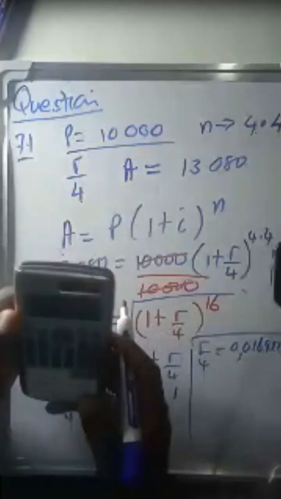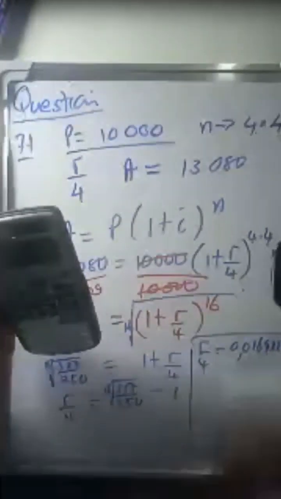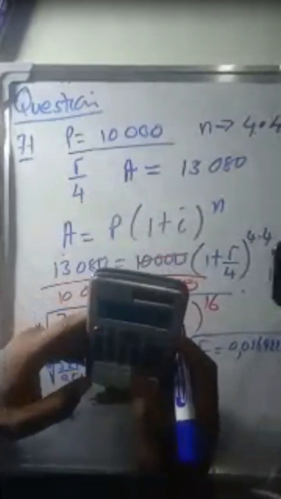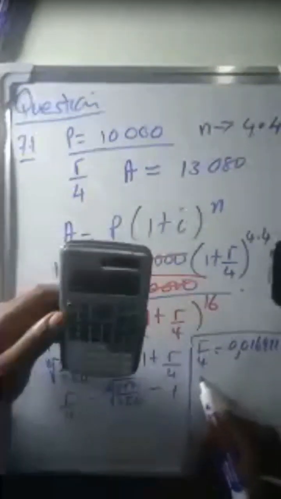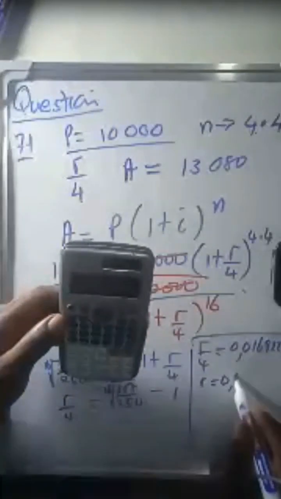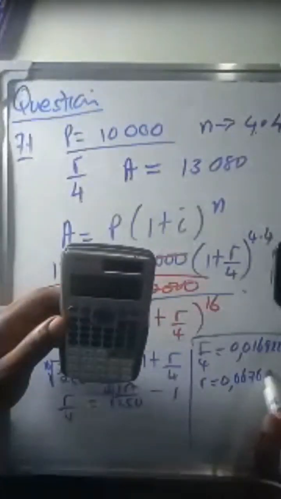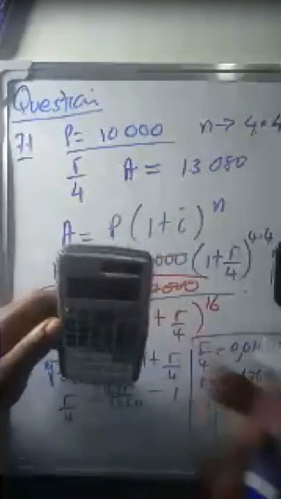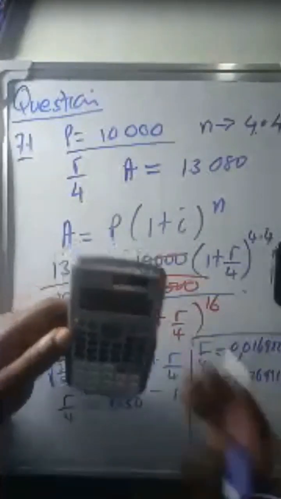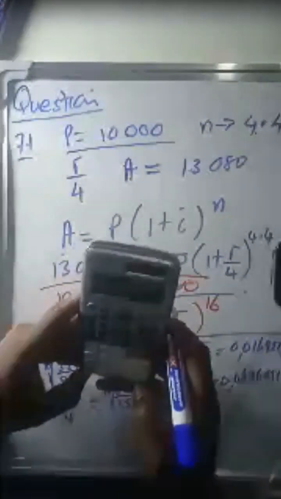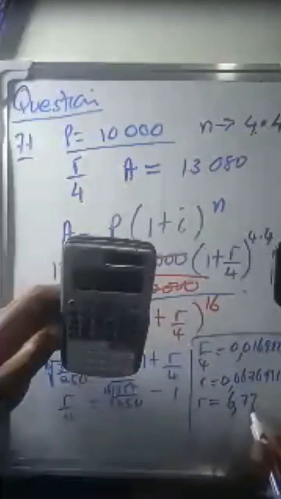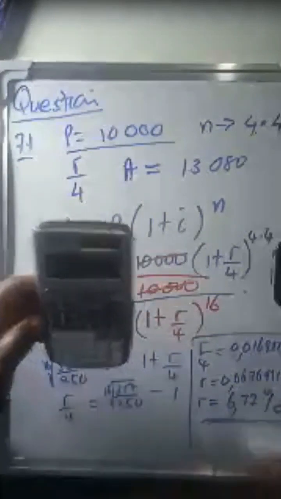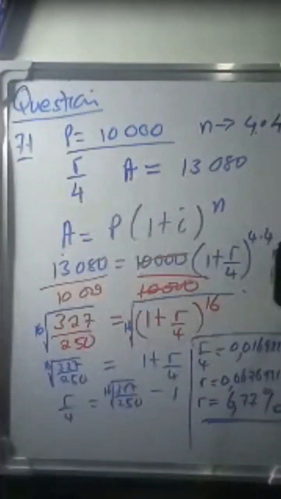Then multiply that by 4, because to remove this 4 you have to cross multiply. You are going to get r equals 0.0676911, and so on. Then multiply that by 100 to convert it to a percentage. Then you're going to get 6.77%.